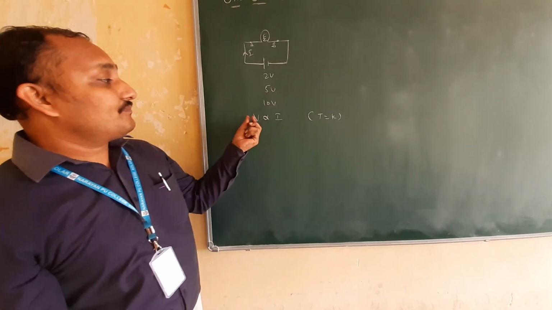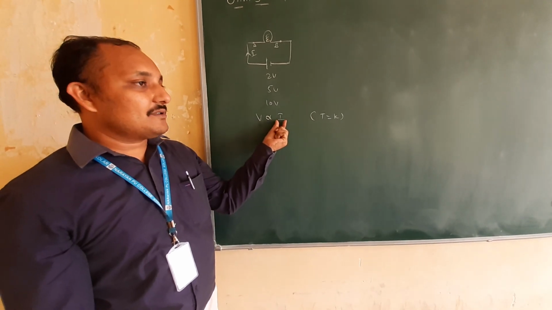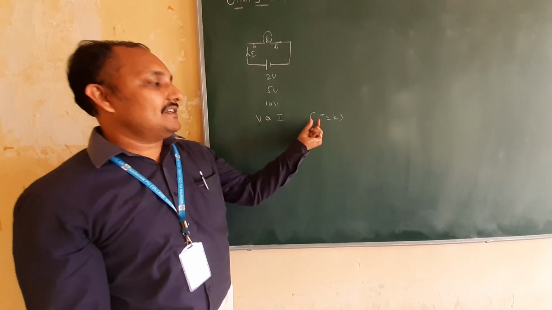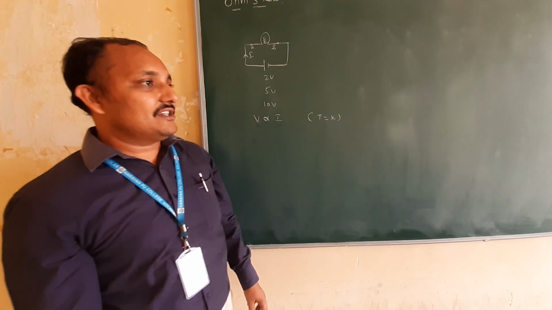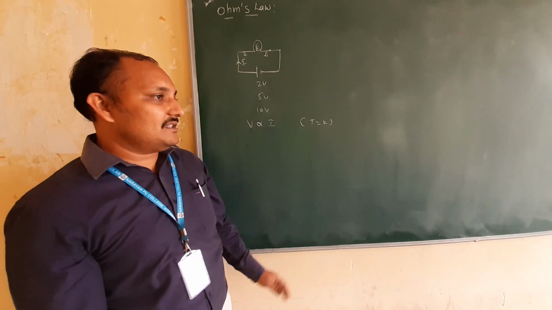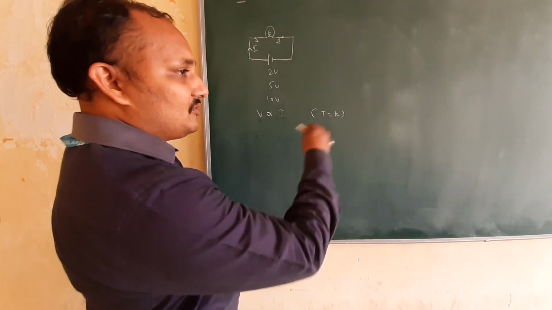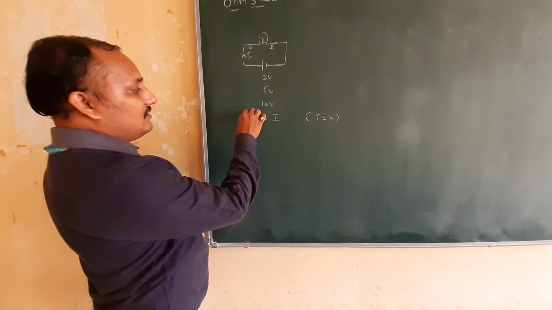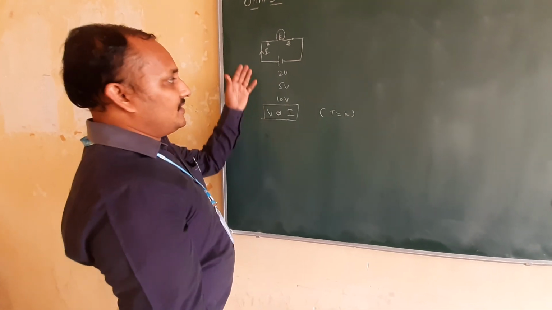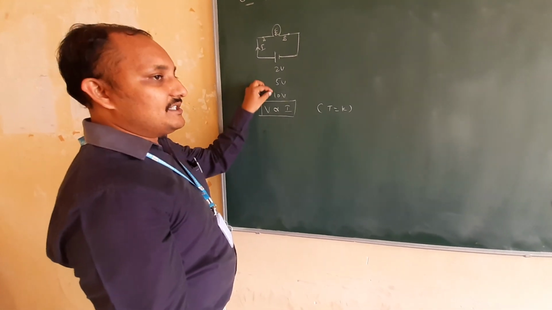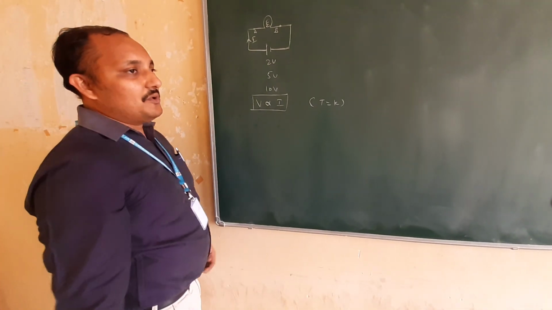Presently, according to Ohm's law, potential difference is directly proportional to the current flowing through the conductor when temperature and the remaining physical conditions, like pressure, STP, standard temperature and pressure, atmospheric pressure, are constant. Whenever we increase potential difference, current is going to increase. This is the statement of Ohm's law.